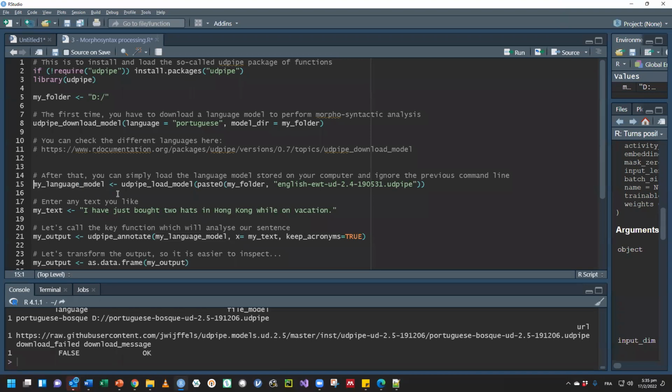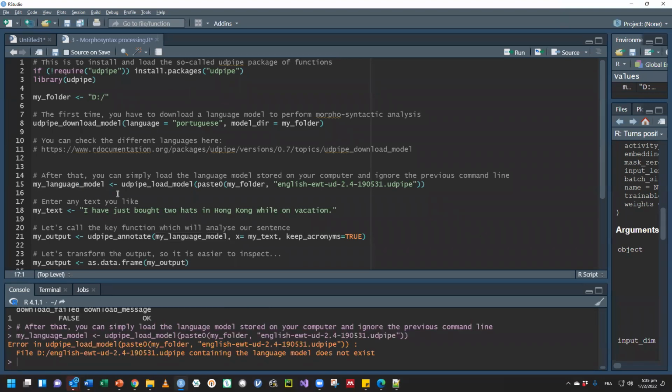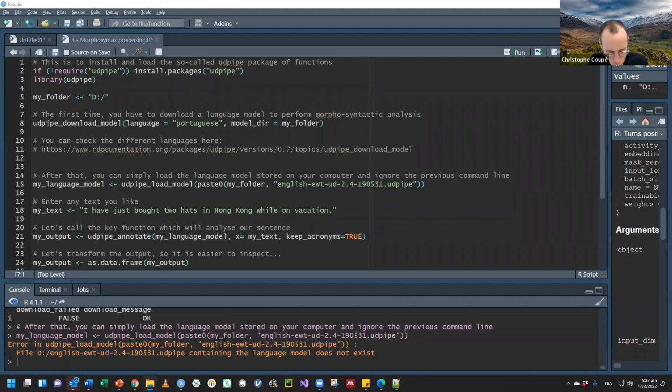So I do this. Oh, it's not the right model. So let me copy the name how it should be. I'm going to copy this because from time to time, the name of the file will change because they come up with a better version. So before it was 2.4, now it's 2.5. So the performance should be okay.